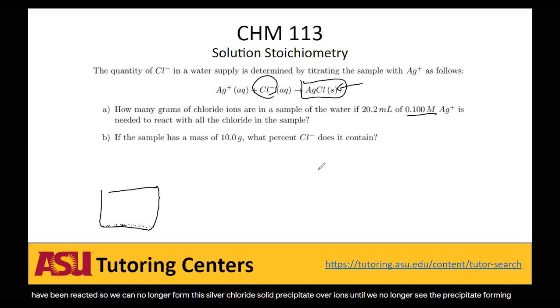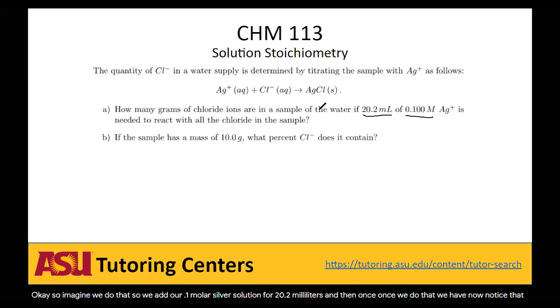Okay, so imagine we do that. We add our 0.1 molar silver solution for 20.2 milliliters. And once we do that, we notice that we no longer form the solid precipitate, and therefore all of our chlorine has been used up.